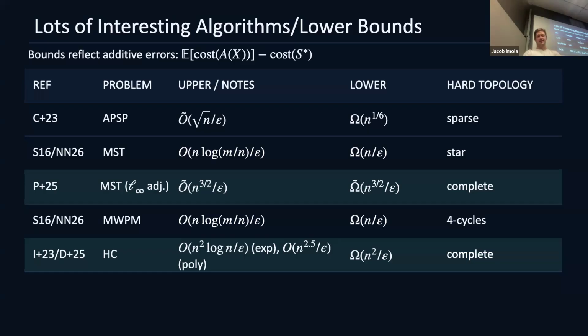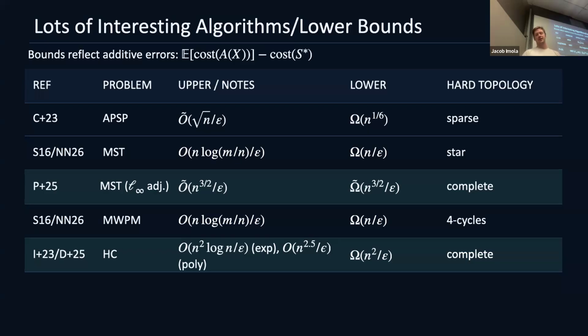And then the minimum weight perfect matching problem, for differential privacy, is quite similar to the minimum spanning tree problem, and actually the same bounds are known. And finally, hierarchical clustering, which is a recursive clustering algorithm that I'm going to define later. There are some algorithms known, and there's a nice cost function that I'll also define later.